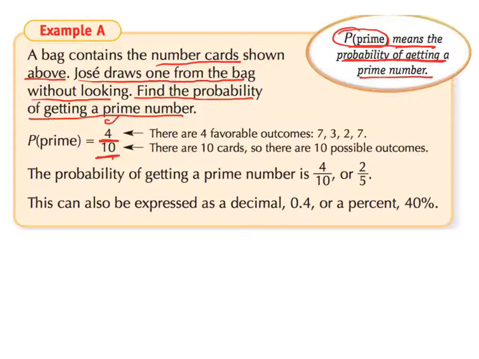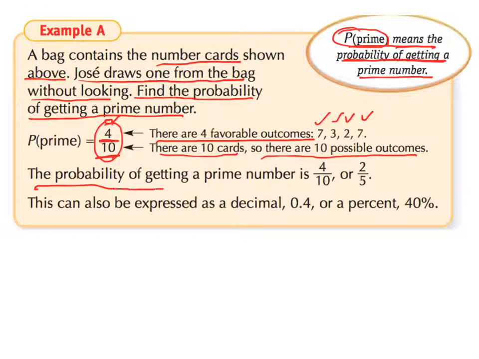So there are 4 favorable outcomes, divided by 10 cards, so 10 possible outcomes. So 4 over 10 is the probability. The probability of getting a prime number is 4 over 10, or, if you simplify this, 2 over 5.